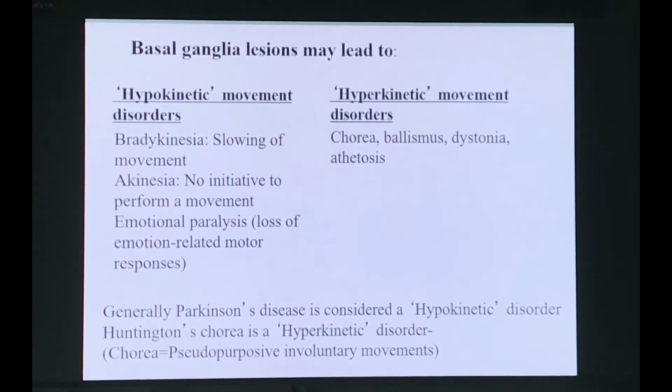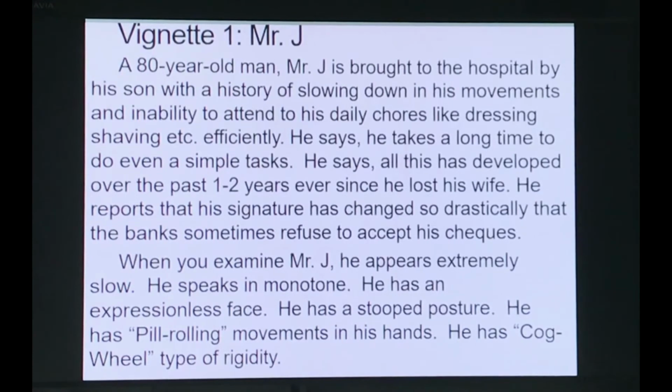So chorea, where they have pseudo-purposive involuntary movement. This was a vignette which I had presented in my first video. This vignette mainly shows the features of Parkinson's disease, where the patient has a history of slowing down in his movements, and he has difficulty doing daily chores like dressing, shaving, which cannot be done efficiently, and his handwriting has changed, mainly his signature.